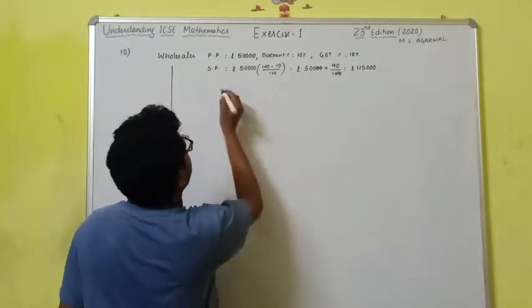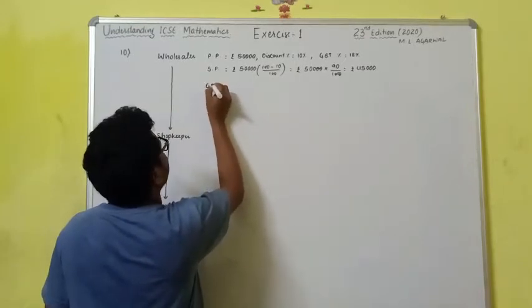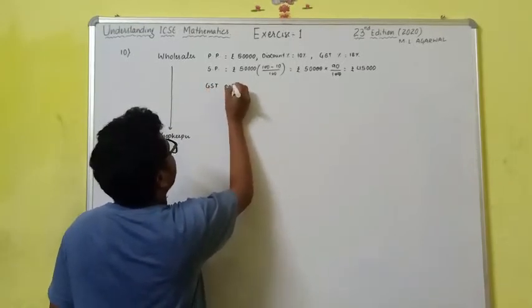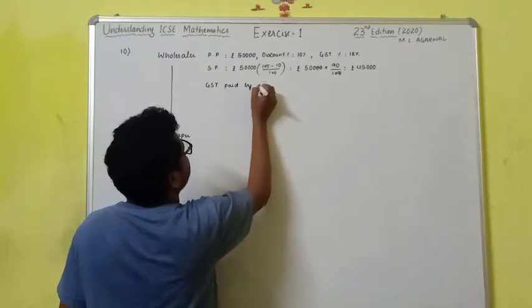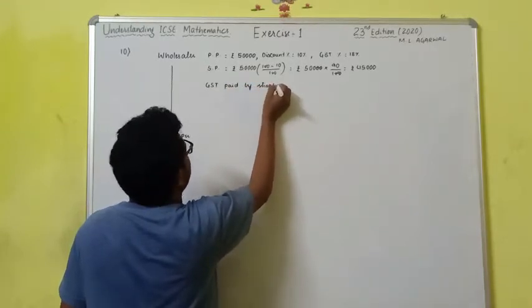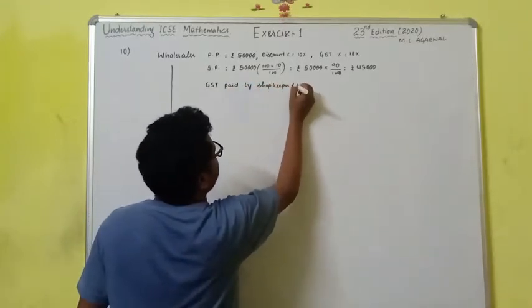Then GST is 18%. So the GST paid by the shopkeeper is called input tax.